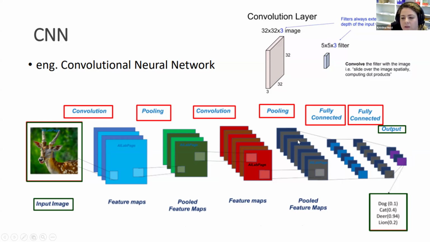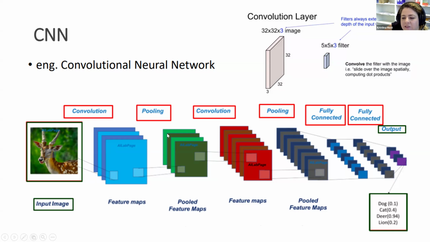In neural networks, you have only fully connected layers. But when you have a convolutional neural network, we also have these convolution and pooling layers. What is the idea?